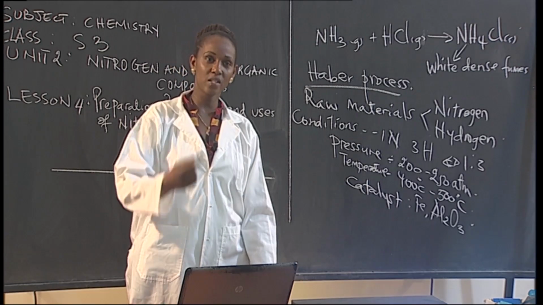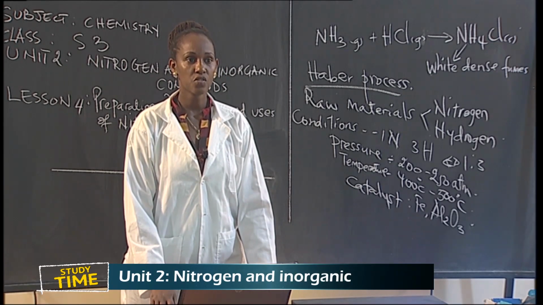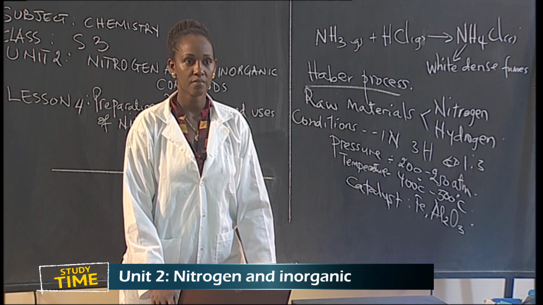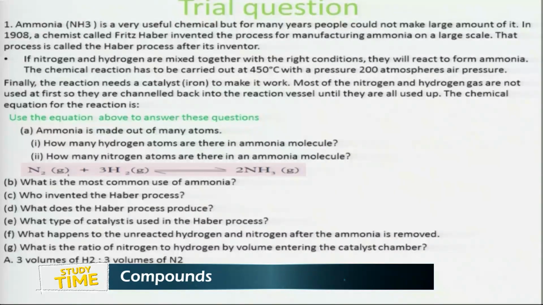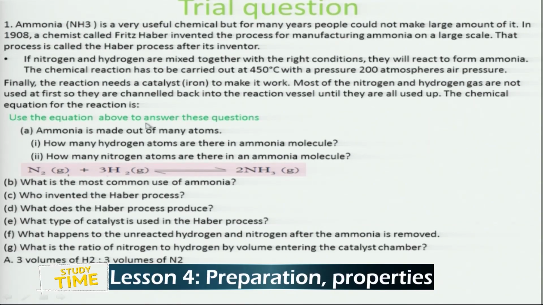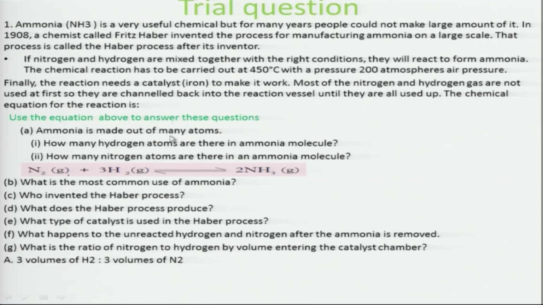So let me review with some questions. When you reach home, you try to attempt these questions on ammonia. It's one question, but having some subtopics. I don't have to read it for you, but it includes what we have talked about. It's majorly talking about the Haber process.